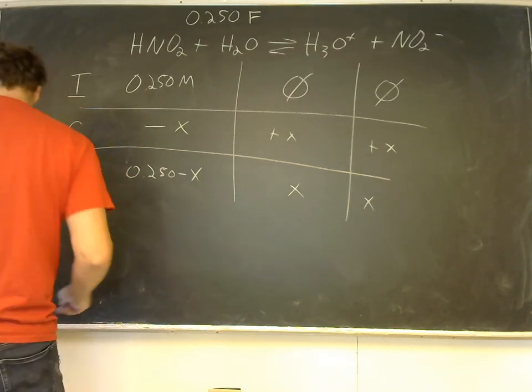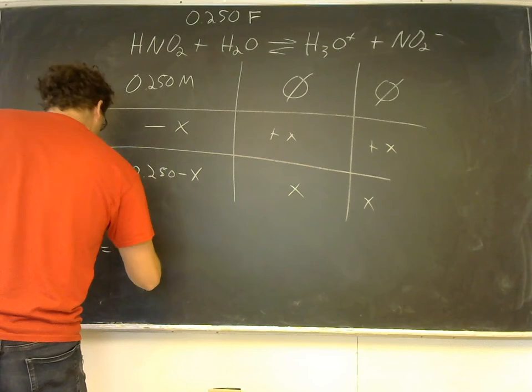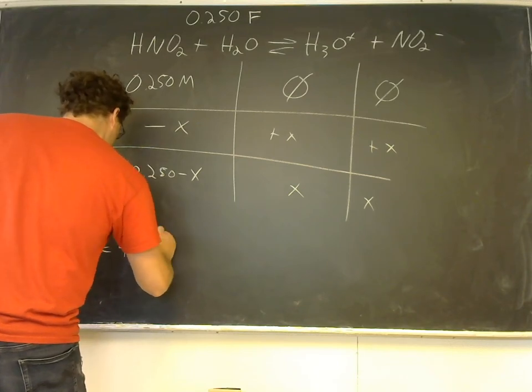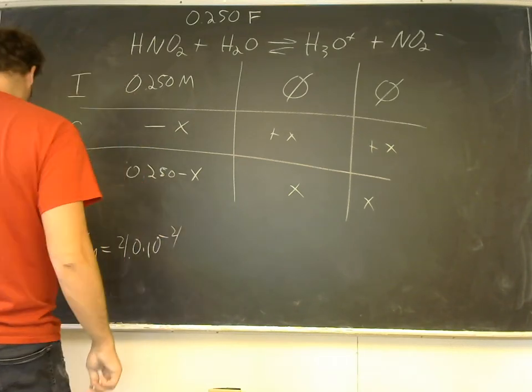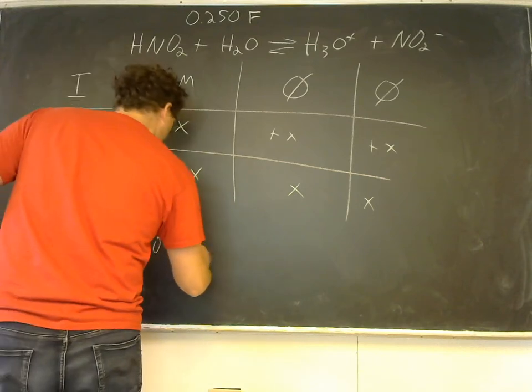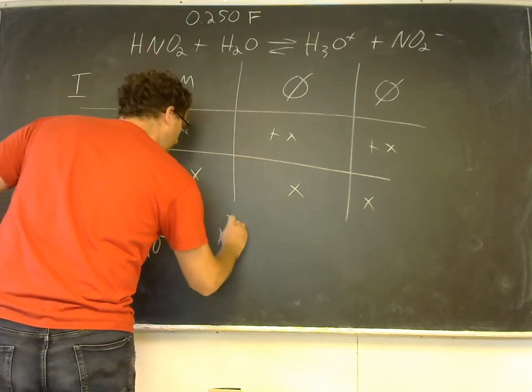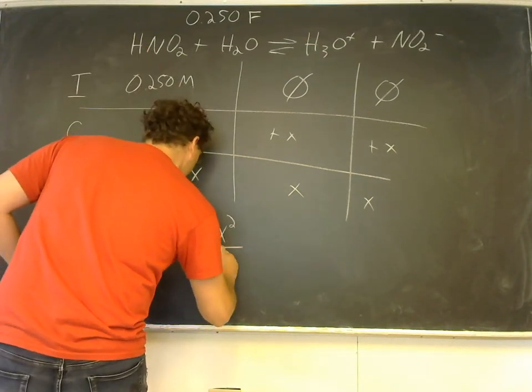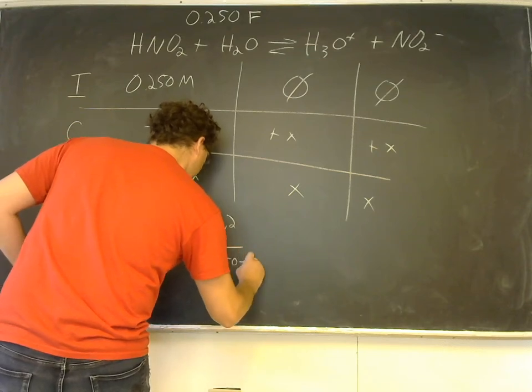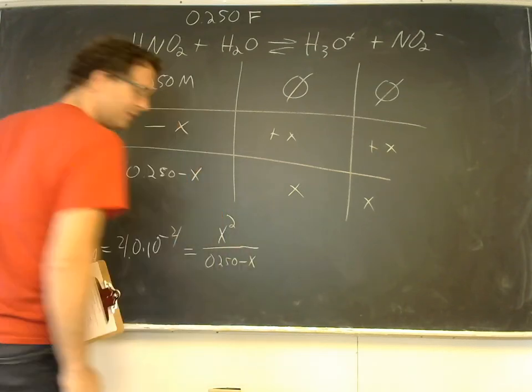All right, so we need a Ka value for nitrous acid. So the Ka is equal to 4.0 times 10 to the negative fourth. And that is going to equal x squared over 0.250 minus x.